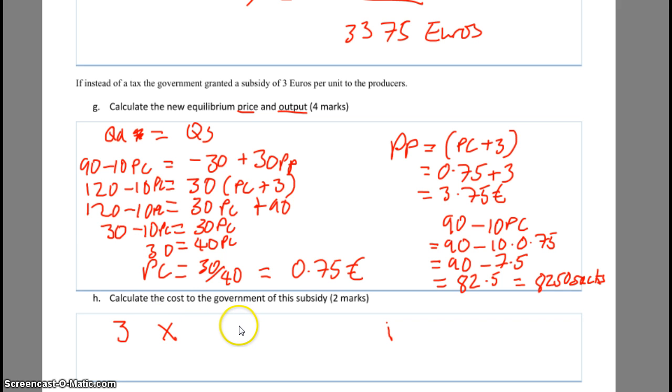So we know that's 82.5 or 8,250, depending on how you're going to present it at the end, which leaves us with 24,750 euros. So that's the cost of the subsidy.